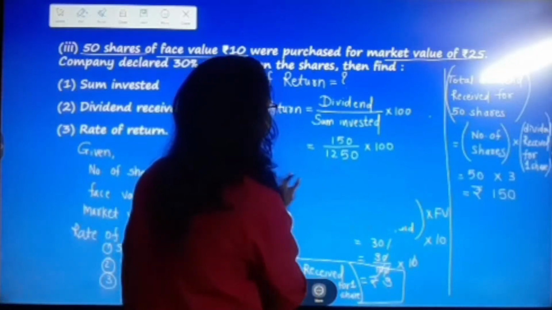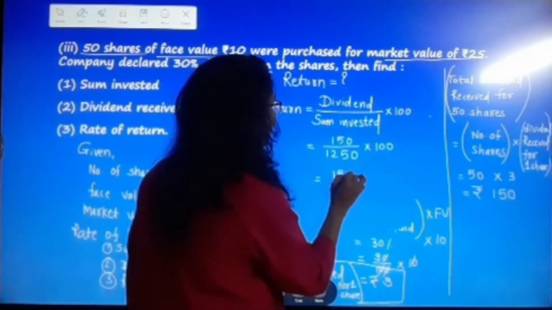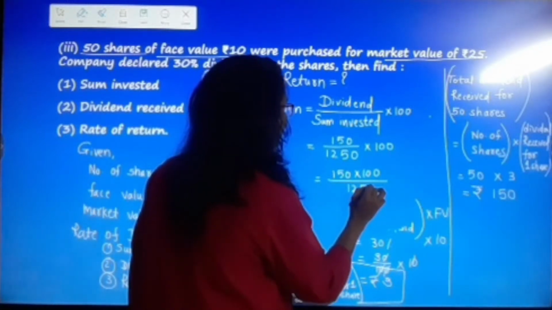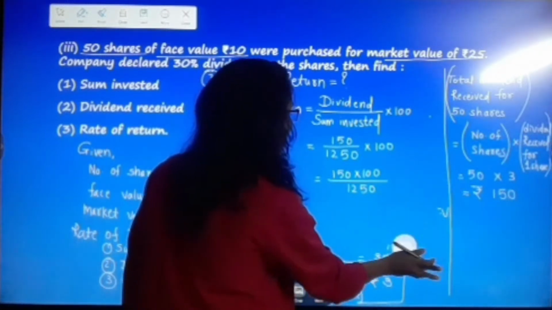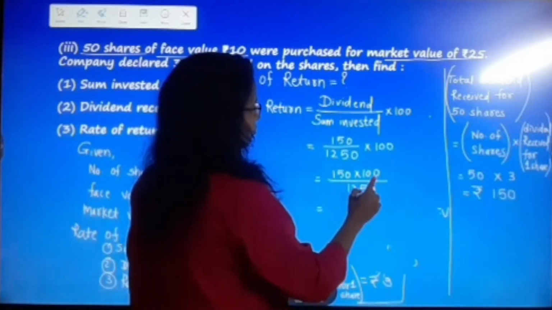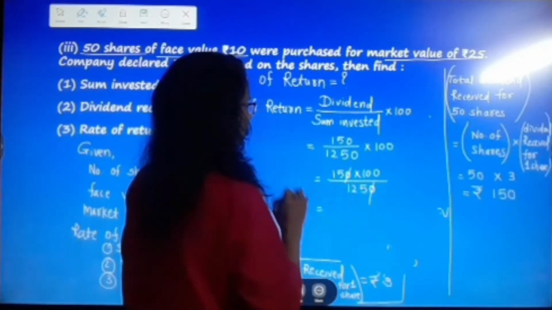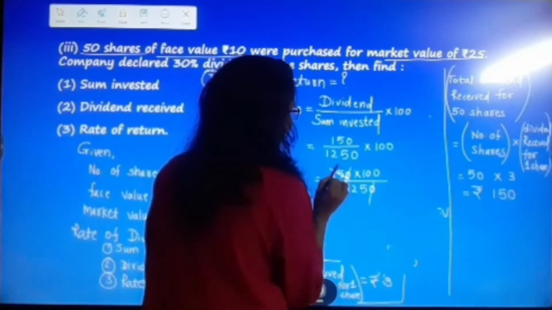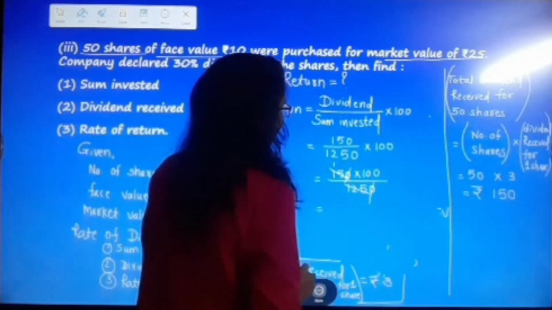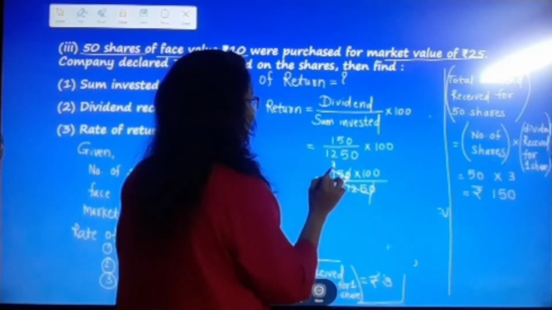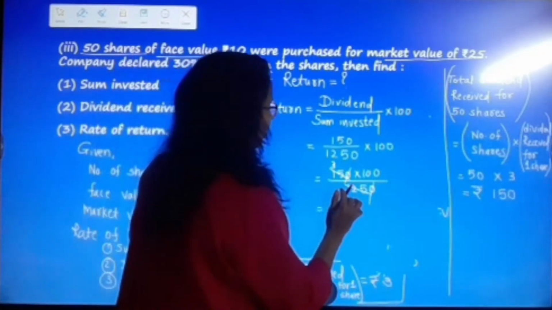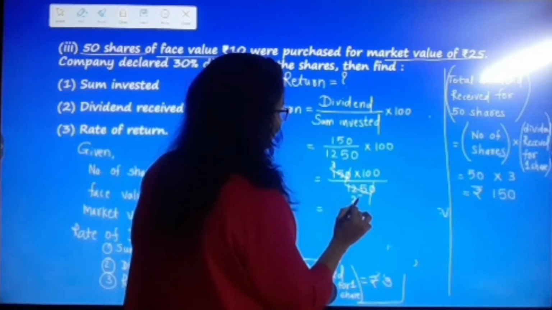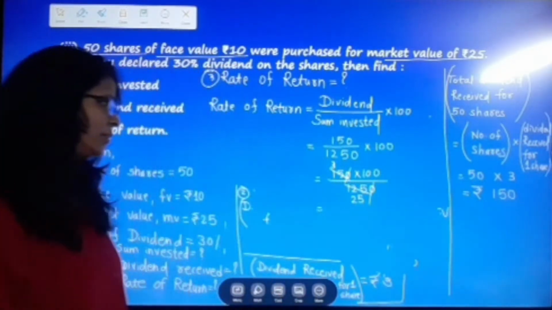Okay students, then here 150 multiplied by 100 divided by 1250. Then I cancel out the zeros. Then first I simplify: 5 threes are 15, 5 twos are 10, and 5 fives are 25.